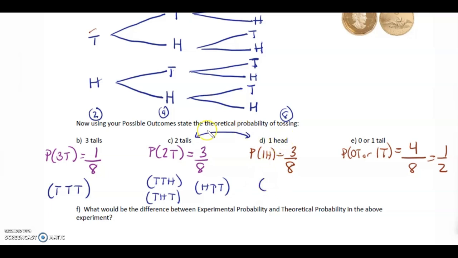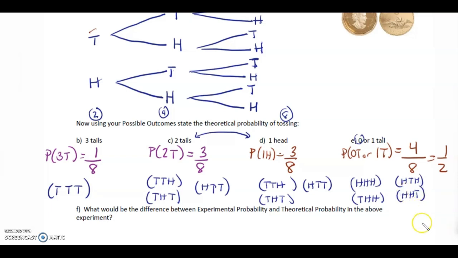Because in order to have 1 head, you need 2 tails. So tails, tails, heads, tails, heads, tails, or heads, tails, tails. Okay? 0 tails would only be heads, heads, heads. And 1 tail would be tail, heads, heads, heads, tails, heads, or heads, heads, tails. That's why it's 4 options.